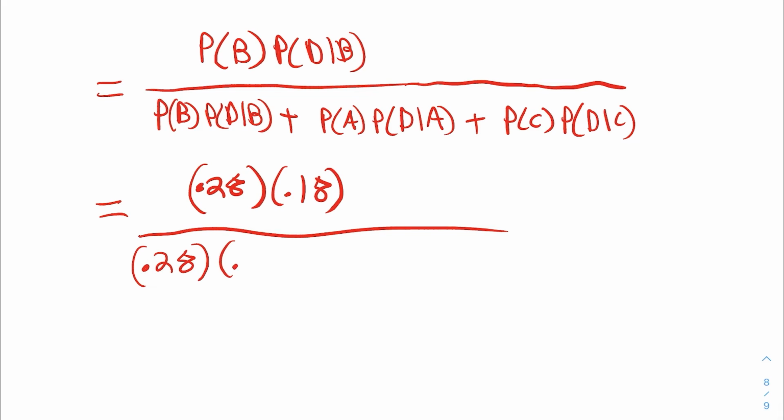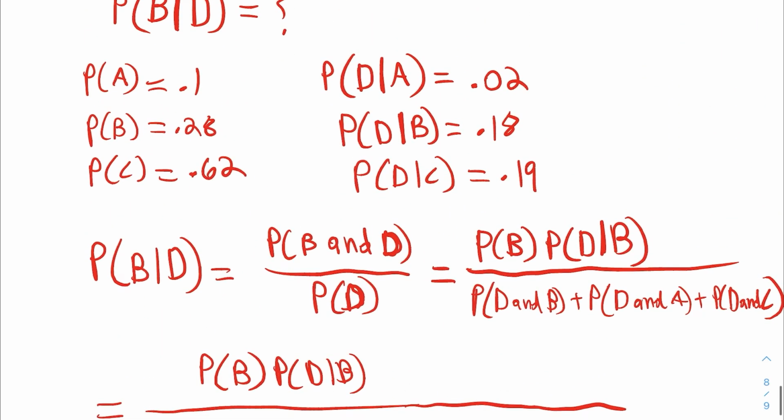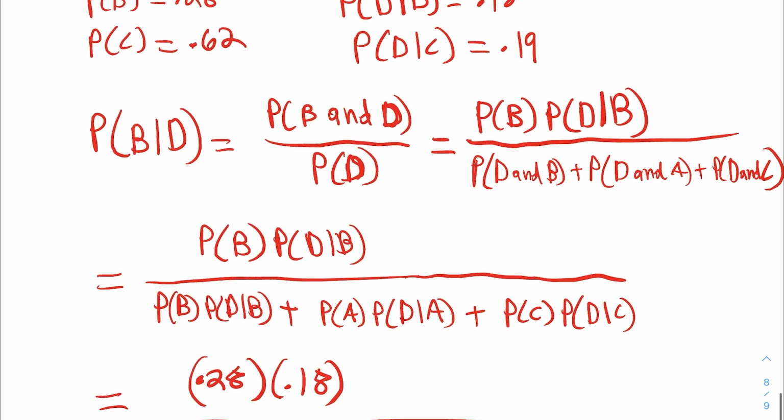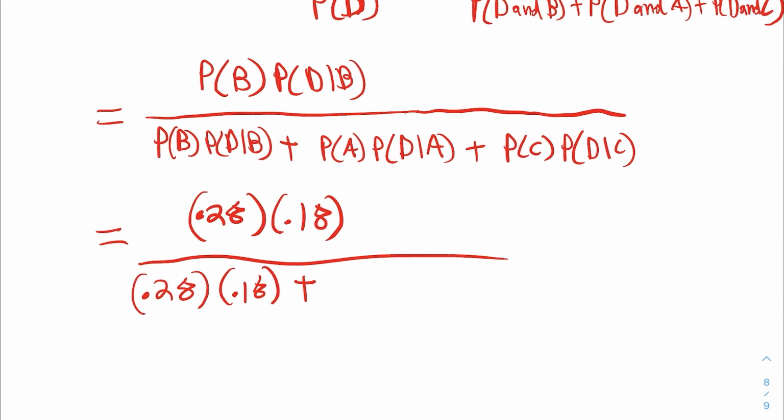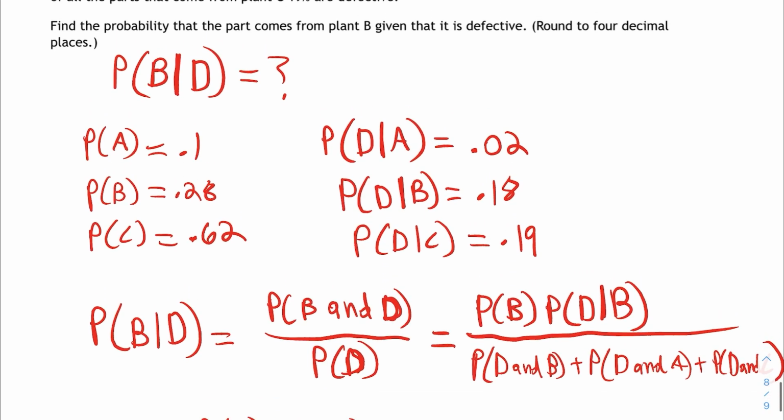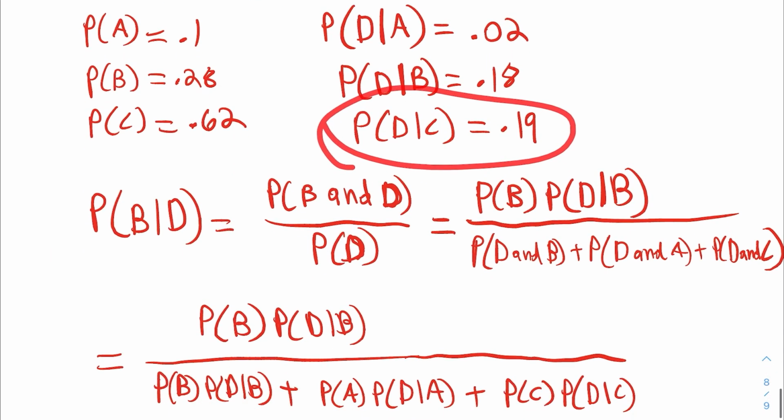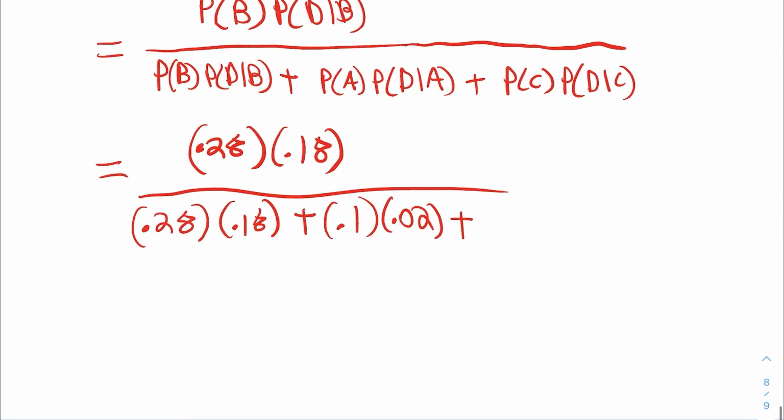Then plus the probability of A, which was given as 0.1, times the probability of D given A, 0.02, so 0.1 times 0.02. And the last one is the probability of C, which was 0.62, times the probability of D given C, which is 0.19. So that's 0.62 times 0.19.